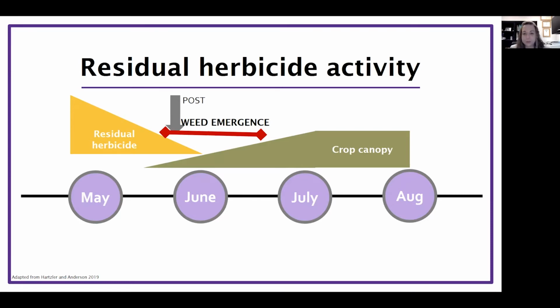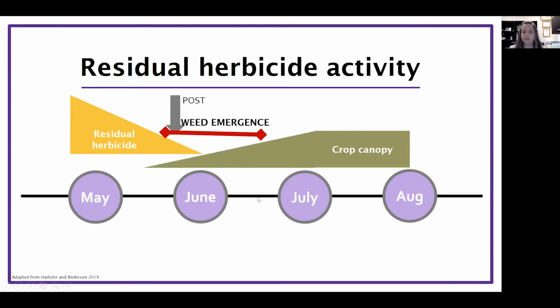So we often use post-emergent herbicides about the time that the residual herbicides start to lose their activity. If we don't include a residual herbicide with this post-emergence application, we still have the potential for weeds to emerge until the closure of that crop canopy.